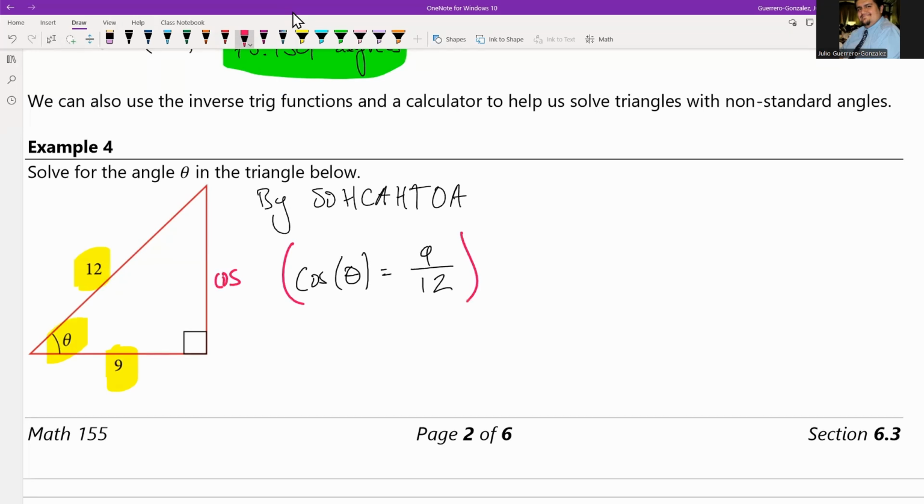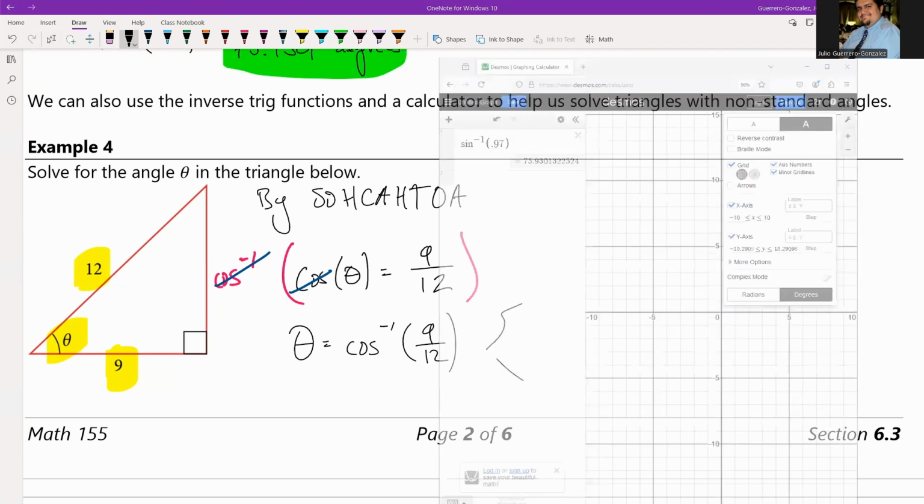You do cosine inverse on both sides. The cosine inverse and the cosine go away on one side, but you have to take the cosine inverse of the other side. So theta is equal to cosine inverse of 9 over 12. Now, what are my two answers? That's where Desmos comes in. So where's my browser? Okay.